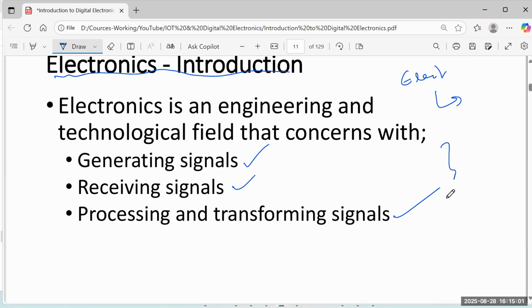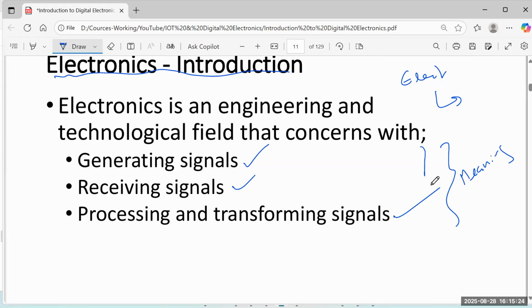These signals have meanings. It's not just conversion of power. This is more about signals. Signals carry some information, meanings. Generating signals, receiving signals, processing signals, that means changing the signals from one form to the other. That is called processing. So that is electronics.